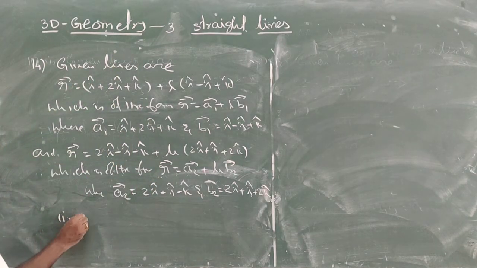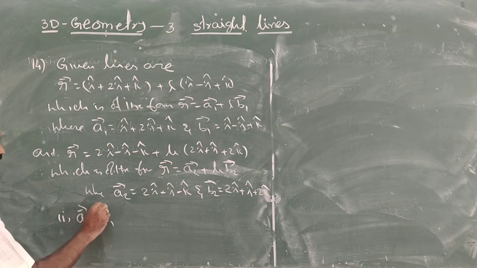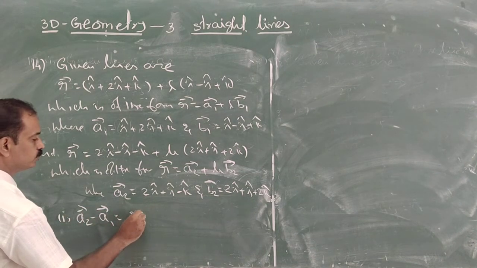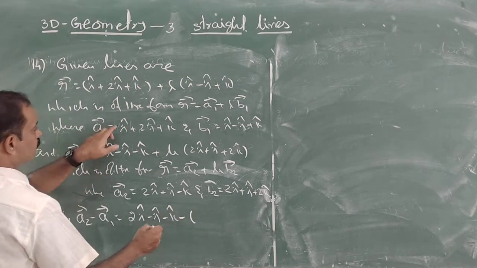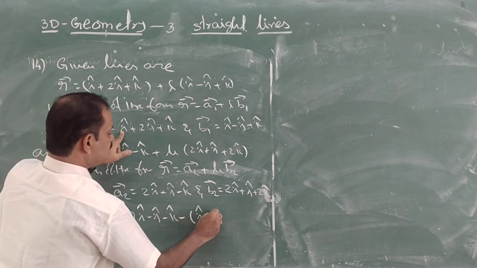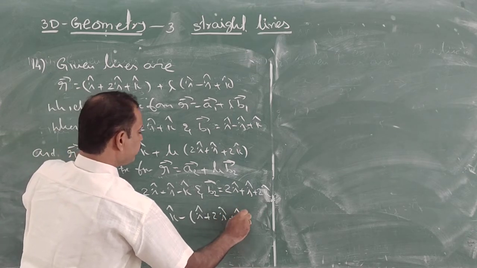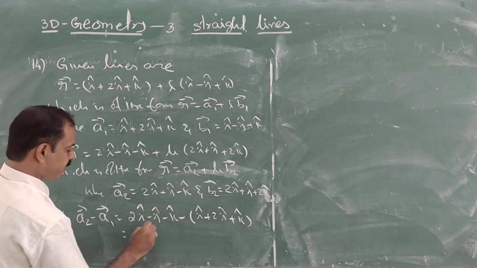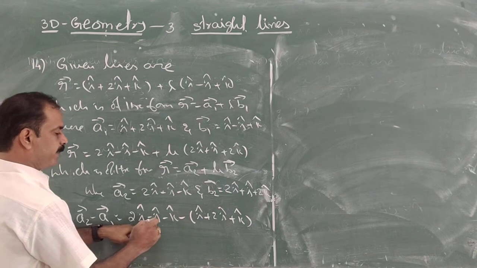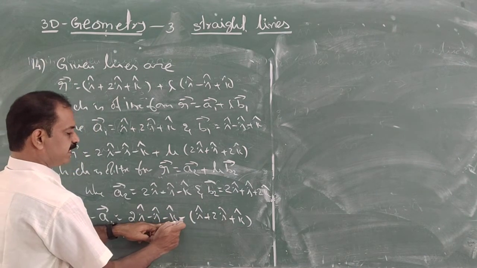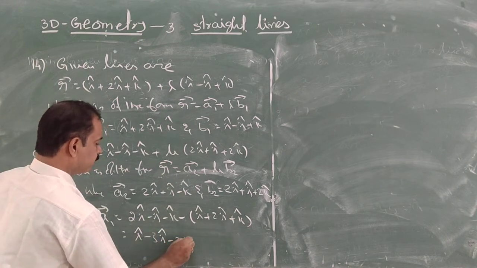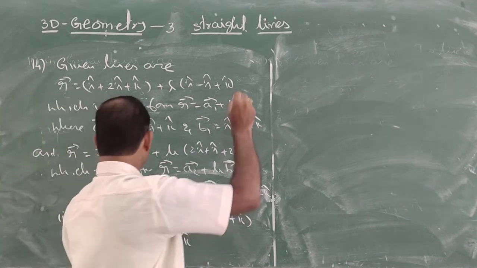First one, a2 minus a1, which is equals to 2i minus j minus k minus of a1, which is i plus 2j plus k. 2i minus i is i, minus j minus 2j is minus 3j, minus k minus 2k.